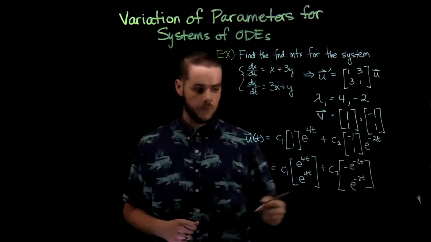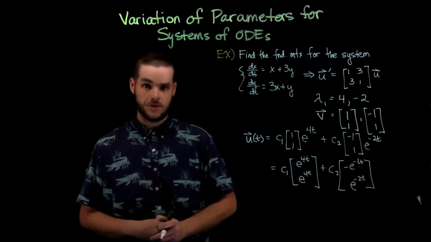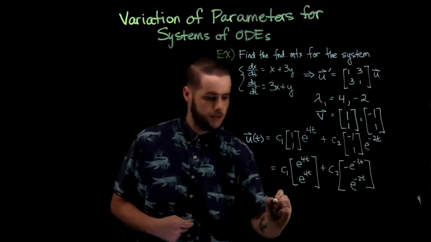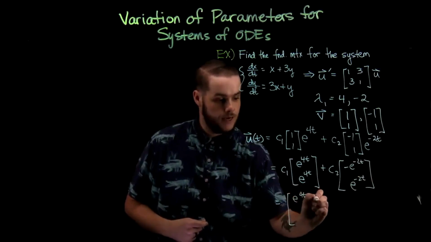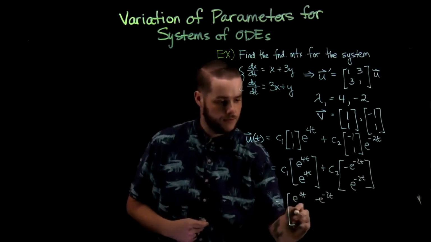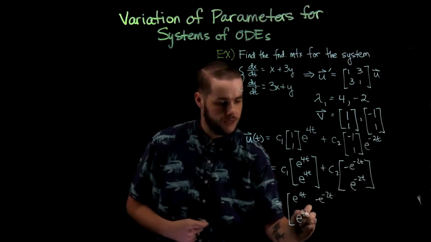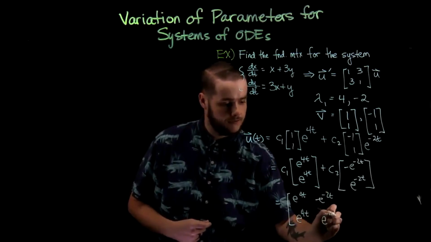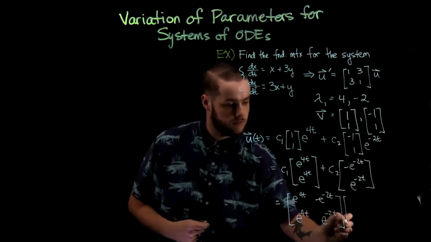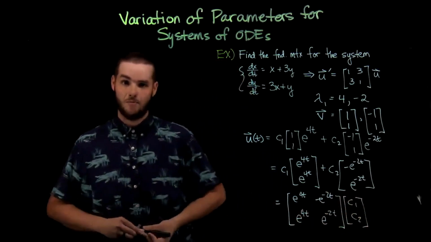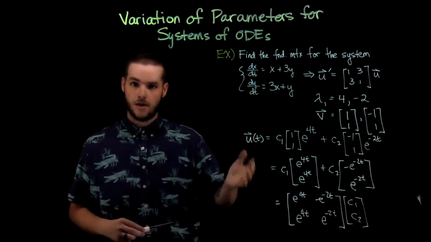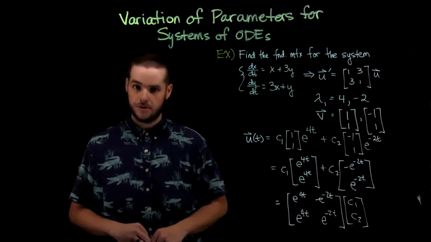And notice this almost looks like a matrix product. I can rewrite this as [e^(4t), -e^(-2t); e^(4t), e^(-2t)] times (C1, C2). I wrote it as a matrix times the column vector of parameters.